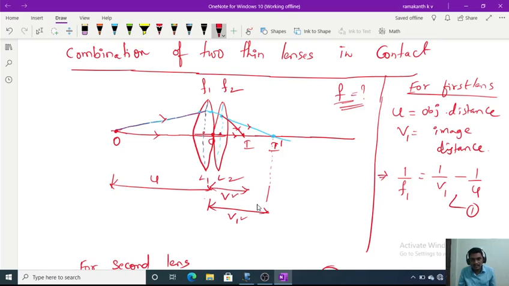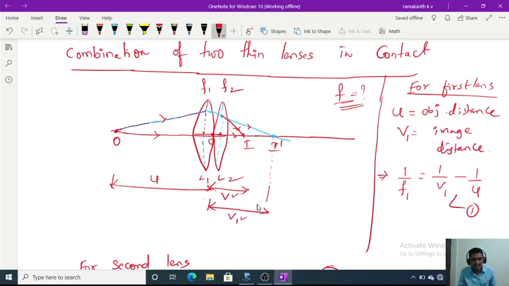Here I1, I dash and I are the images due to the first lens and the combination of lenses. Imagine there is no second lens, then the object distance will be u and the image will be formed at I dash.